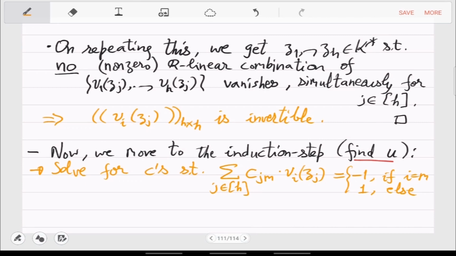So think of C as a matrix, right? It has entries j comma m. We will be doing this for all m. Think of this as an h cross h matrix. It's basically the matrix which, when you multiply with this vi(zj) matrix, the product is 1 everywhere except in the diagonal where you have -1. Is that right?